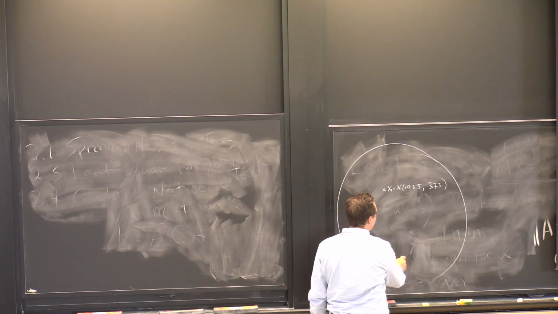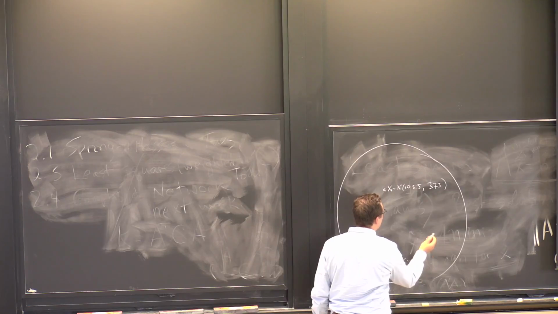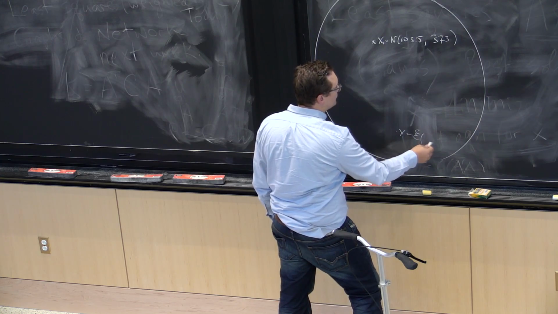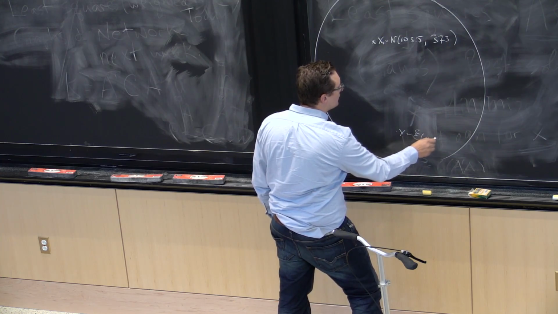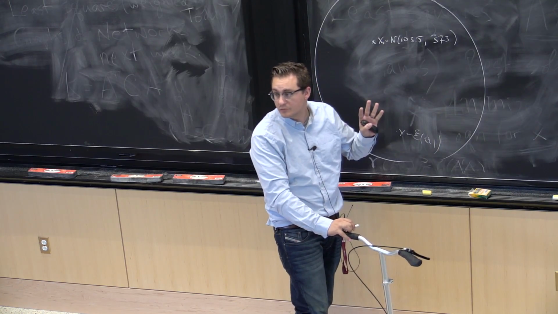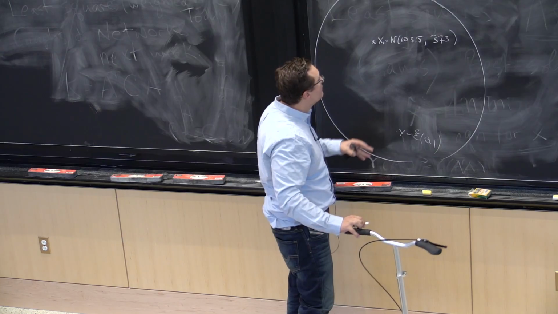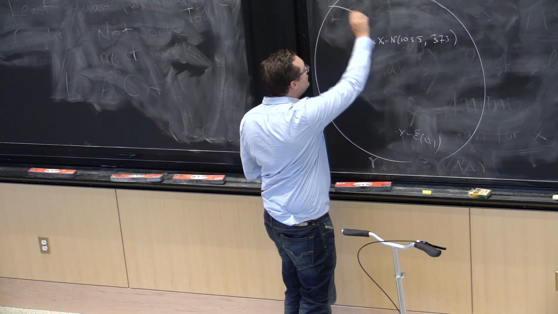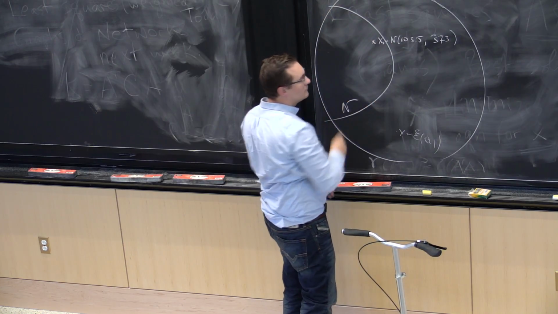So for example, here is X follows some exponential, I don't know, 0.1. This is just another distribution here. Those are all the possible distributions. What we said is, OK, first of all, let's just keep only those Gaussian distributions.